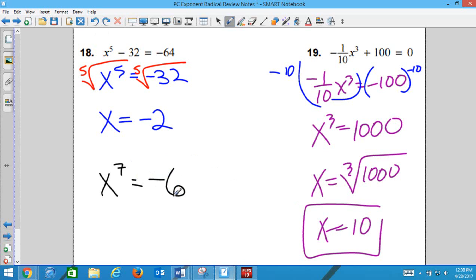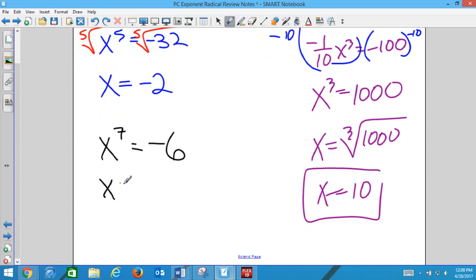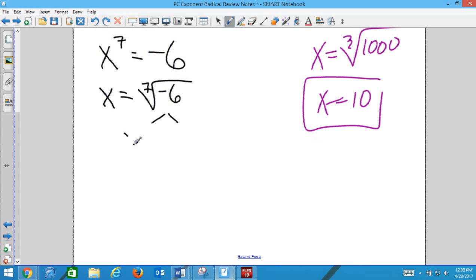If we have to do something like x to the 7th equals negative 6, what would you do to both sides? You're going to do the 7th root. So we'll have x equals the 7th root of negative 6, and does that simplify? Yes, it does, because negative 1 will always have a root.